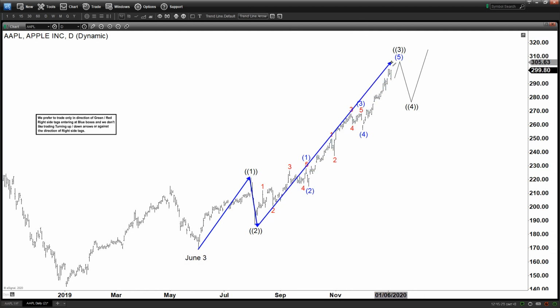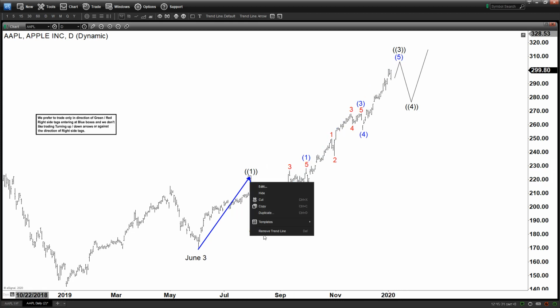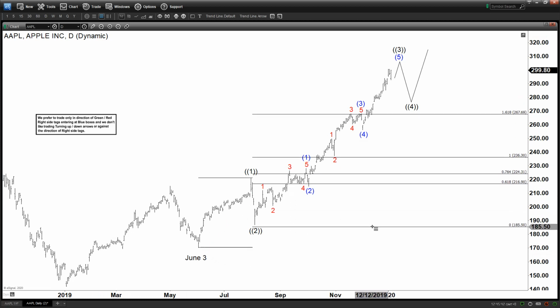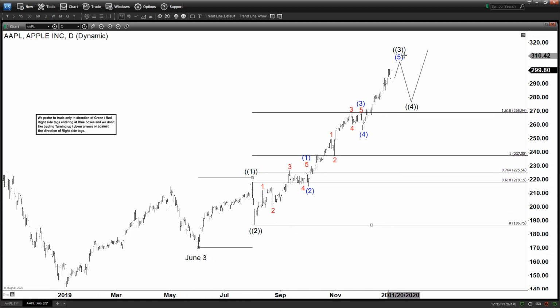This is typically impulsive behavior, when you have a very extended third swing. If you measure the extension, it is definitely more than 1.618, which is usually what a wave 3 should be, a very strong, very impulsive move.